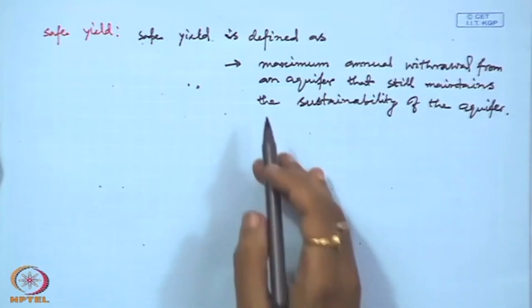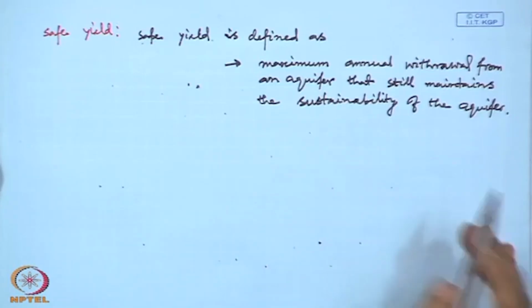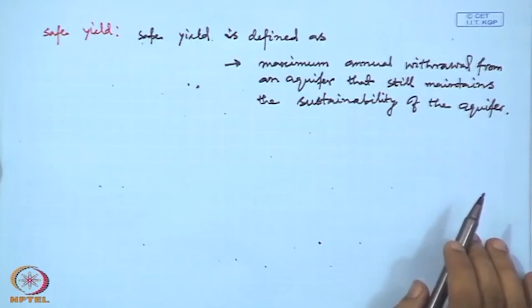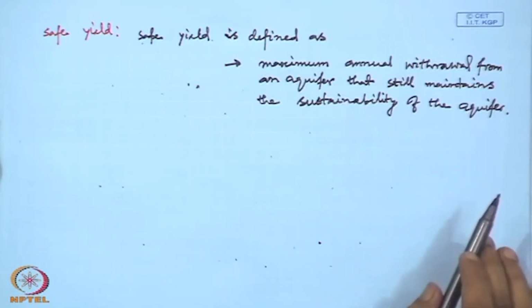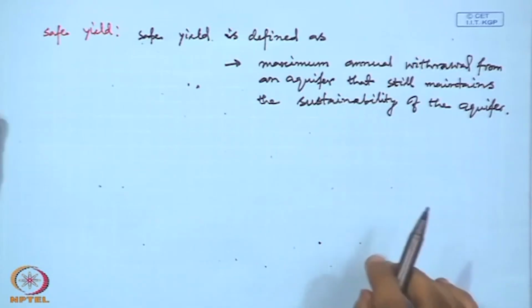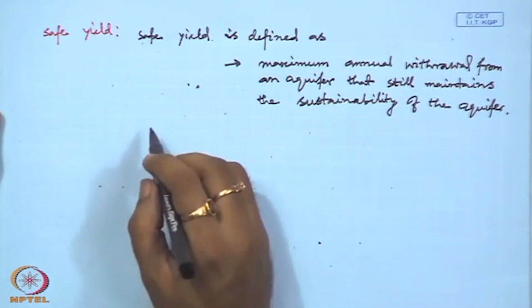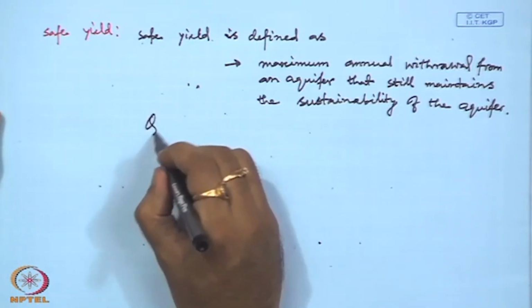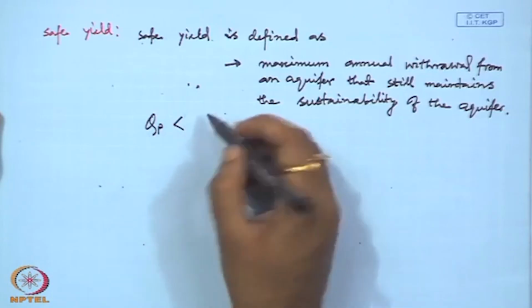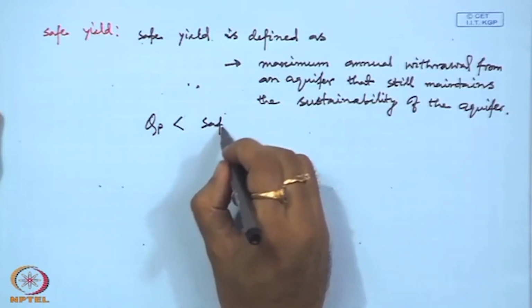So, we can say that water resources of an aquifer could be maintained indefinitely if pumping does not exceed the safe yield. So, this pumping value or QP should be less than the safe yield.